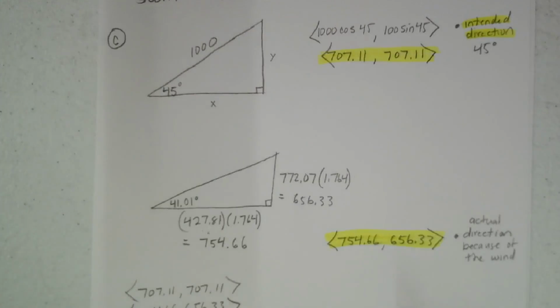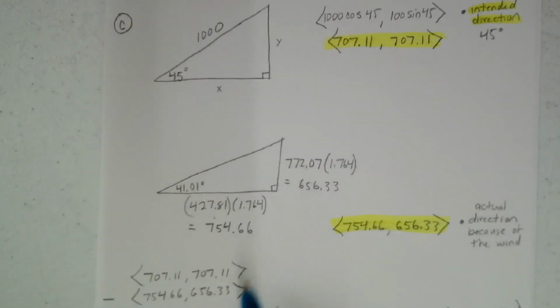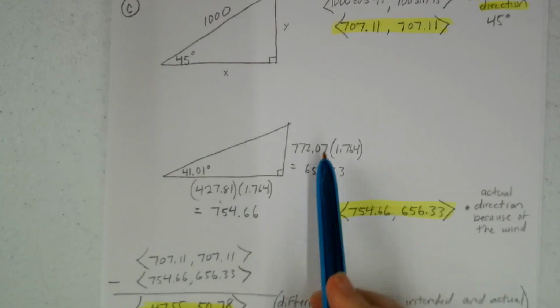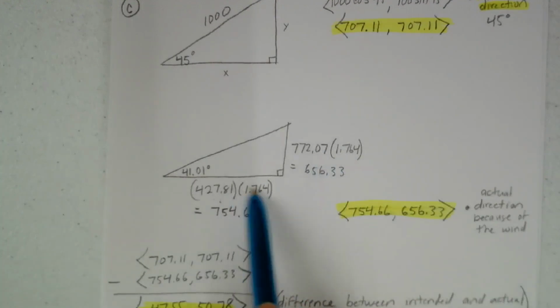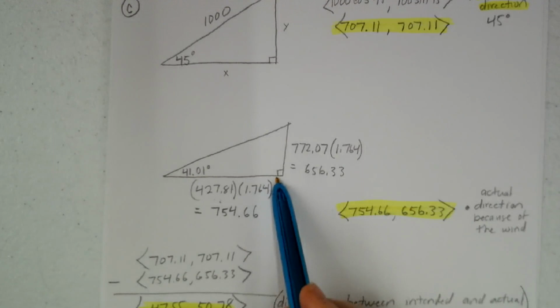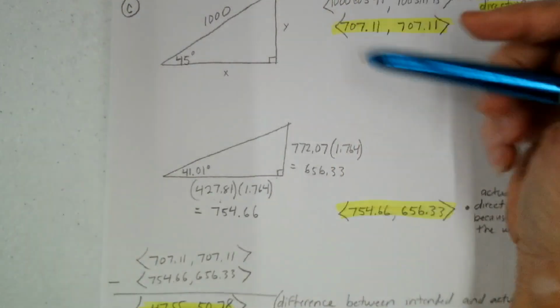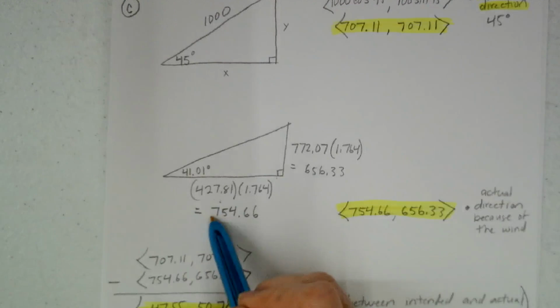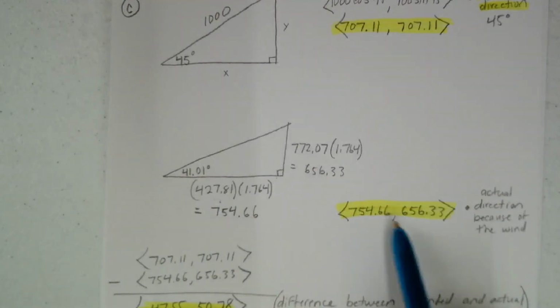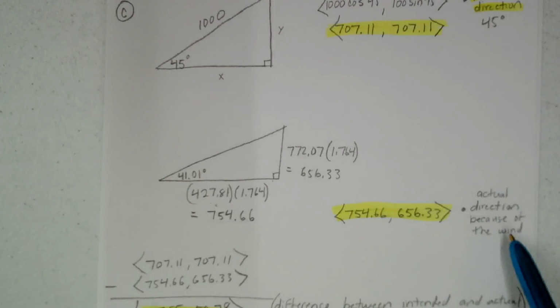Yeah, it was 1.76. So I multiplied it by the time to see what this distance is. This distance is rate times time. So now I have the component form of the actual direction because of the wind.